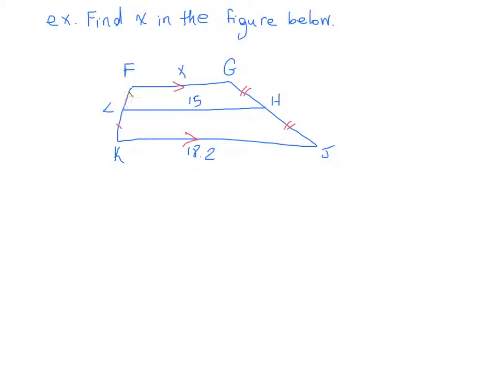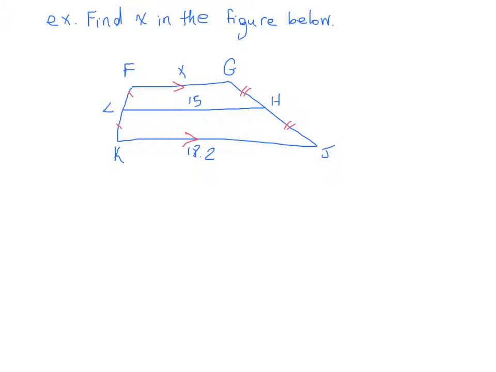And since we have these markers, it tells us that FL is congruent to LK, and it tells us that GH is congruent to HJ, which means that this line is being cut in half, and this line is being cut in half, and these are in fact midpoints, which means that this line segment here is a mid-segment. All right, great.